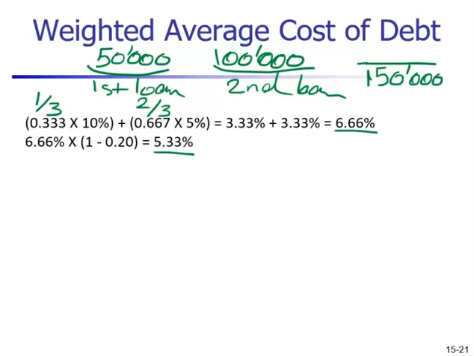And okay, so the one that is 1/3, that is 50,000, has the interest rate of 10%. And the one with 2/3, that is 66% of the total amount of loan that we have, has the interest rate of 5%. The result gives you this. And that's it. And now you have the weighted average cost of debt.